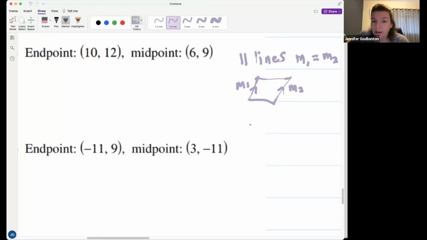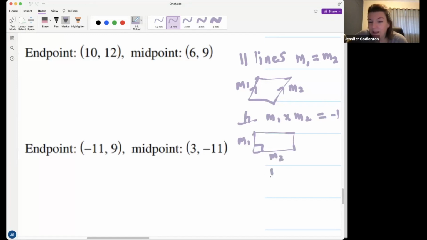So that's one way we can prove that things are parallel. The other thing is that if we have perpendicular lines, their gradients are the negative inverse. So gradient 1 times gradient 2 is equal to -1. And that's useful for us if we have a square or a rectangle. If we multiplied these gradients together, we would get -1.